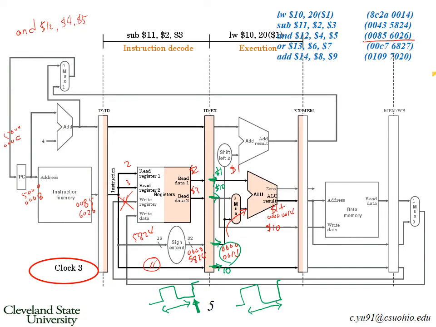So in cycle 3, the load word instruction is getting into the execution stage. So again, at the rising edge at the beginning of cycle 3, all the values on the left-hand side are carried over to the right-hand side. So now all the execution stage signal lines will carry the values relevant to the load word instruction.